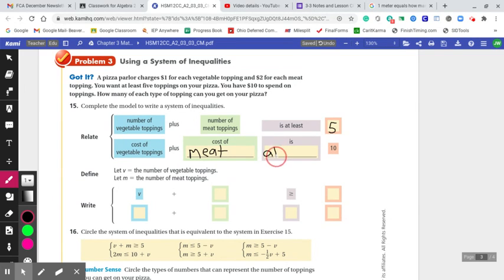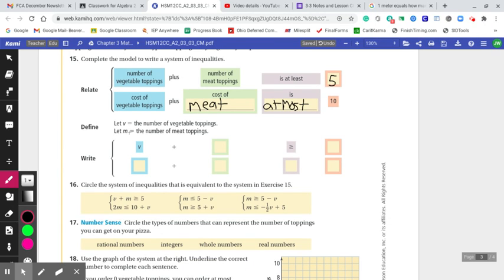So on top, you see the word at least. So it's between 5 and 10 there, obviously. So let V be the number of vegetable toppings and M be the number of meat toppings. So V plus M is greater than or equal to 5.